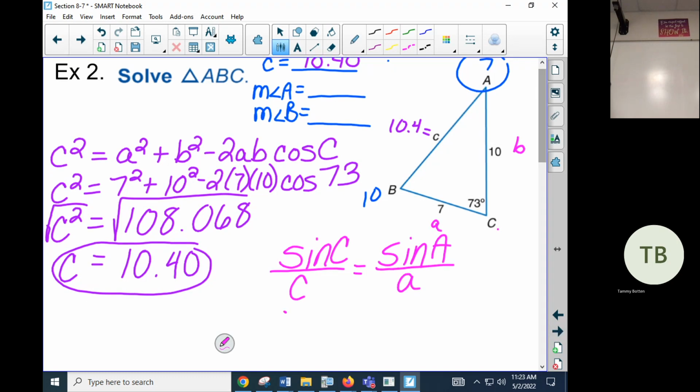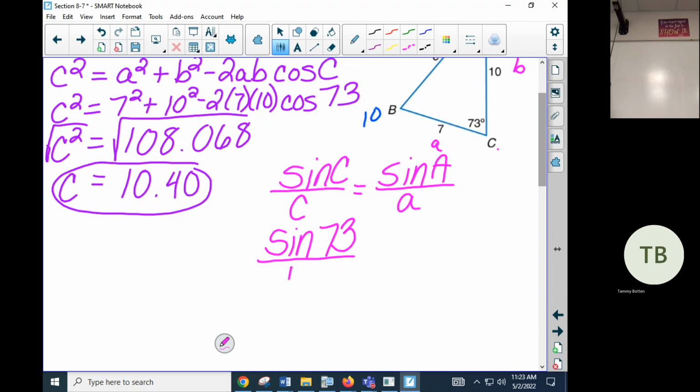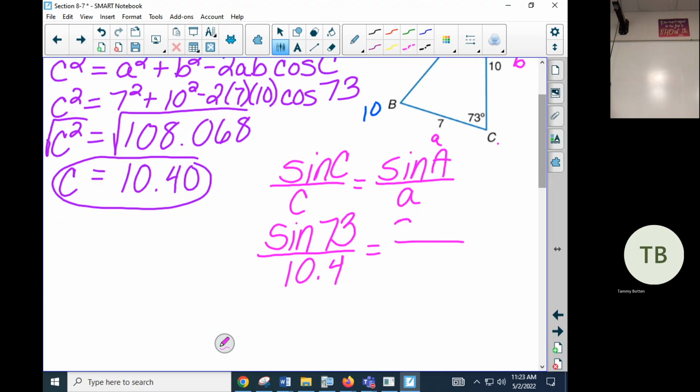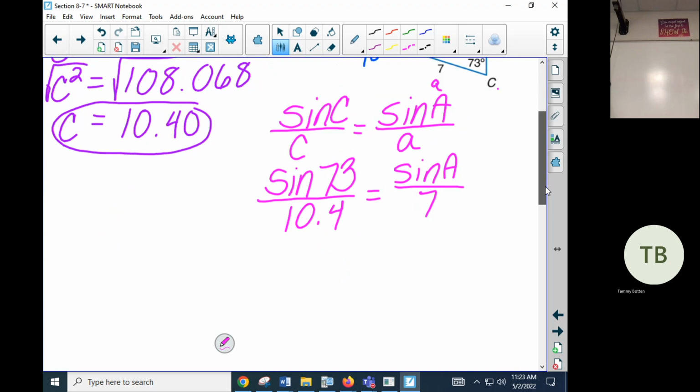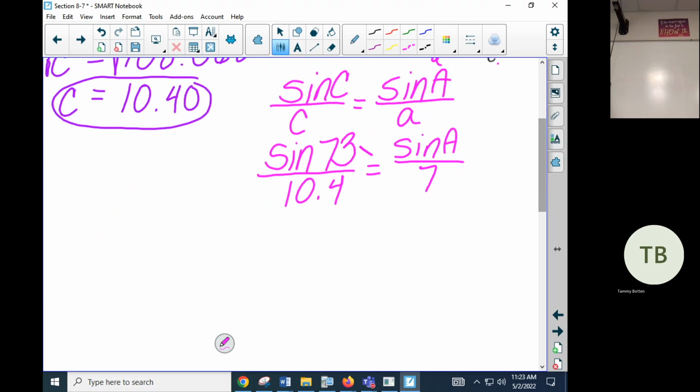Substituting in, I have sine of angle C, which is 73, little c is 10.4, sine of A is what I'm looking for, and little a is 7. Then I do the cross product: 7 times sine of 73 equals 10.4 times sine of A.